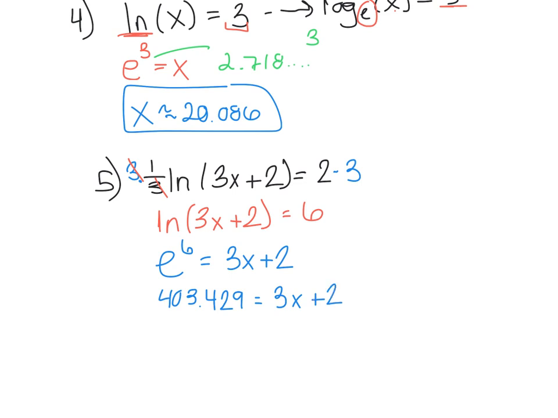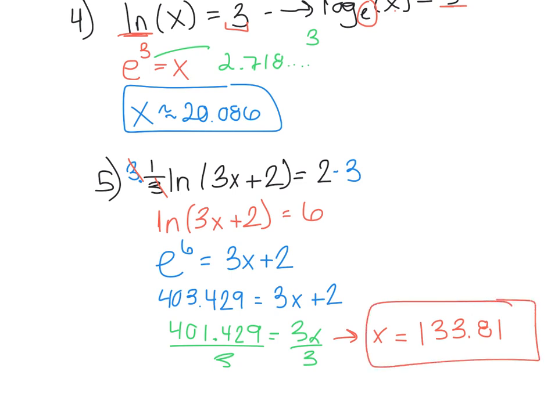So subtract 2 from both sides, and you end up with 401.429 equals 3x. Then divide both sides by 3, and we end up with our solution for x. So 401.429 divided by 3 is 133.81. So that is our approximate solution for x.